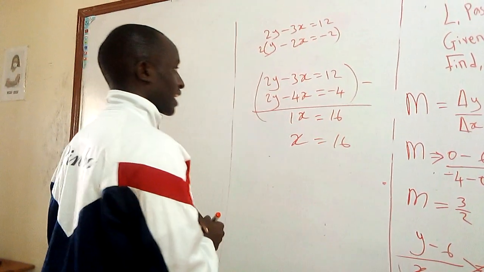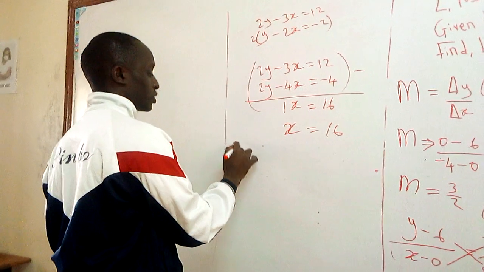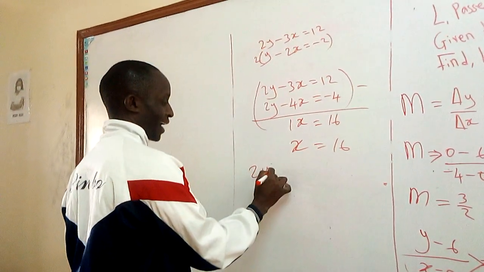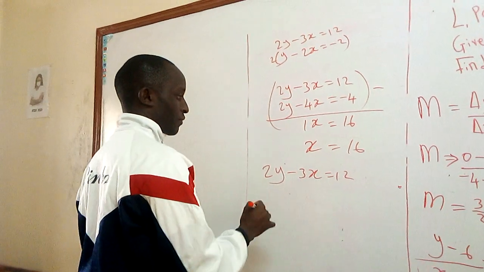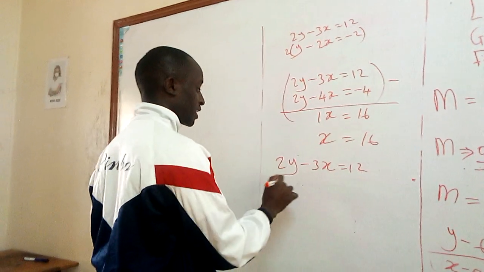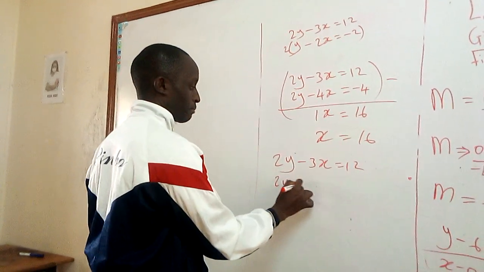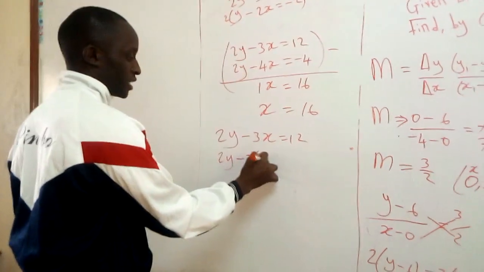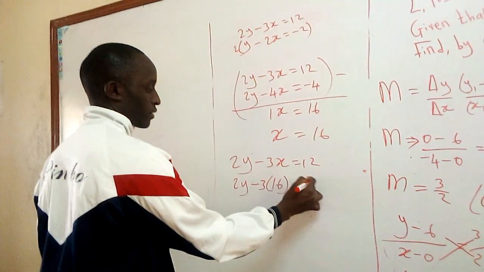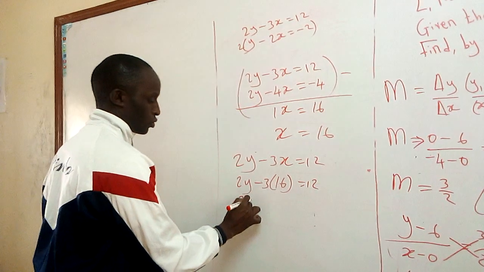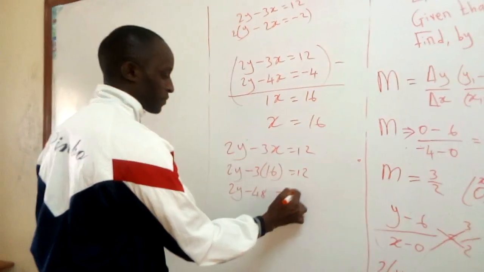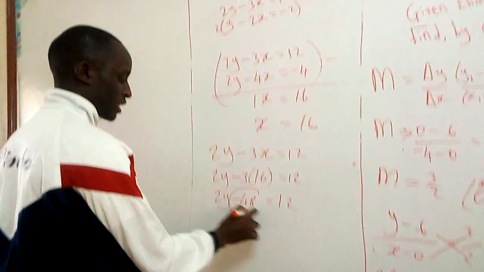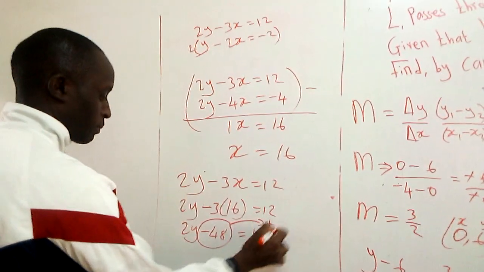If that is the case, I can get the value of y, whereby I take 2y minus 3x is equal to 12. Therefore, where I have x, I put 16. 2y minus 3 bracket 16 is equal to 12. Therefore, 2y minus 48 is equal to 12. Let me take this one to the other side to be plus.